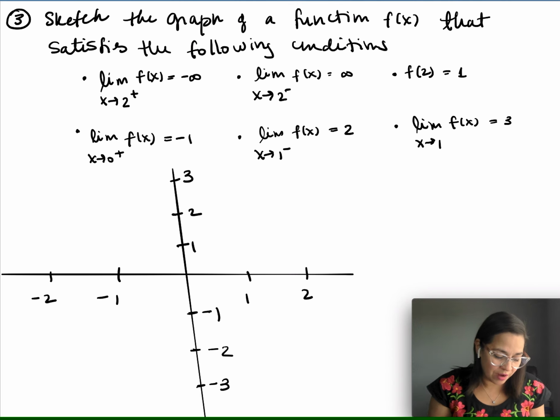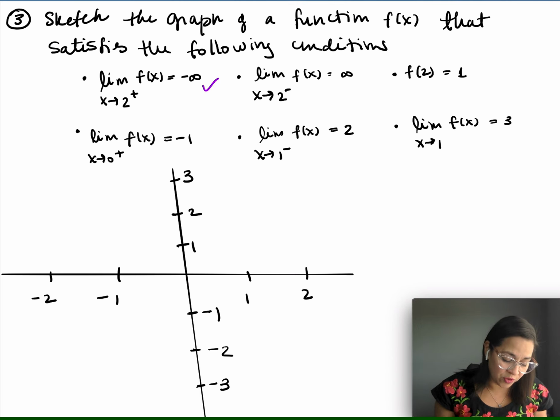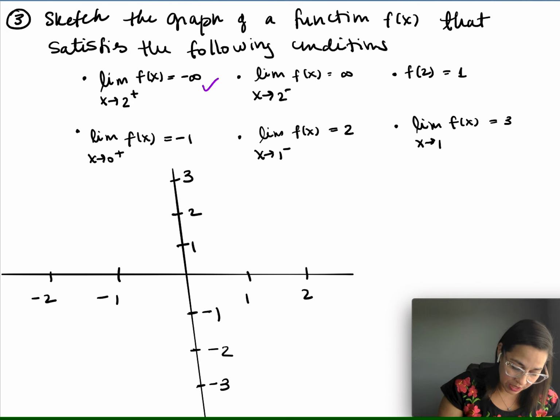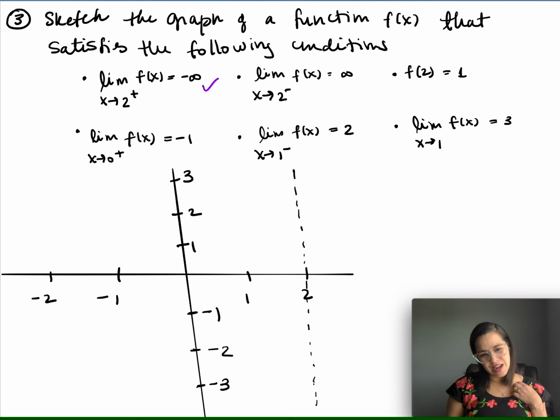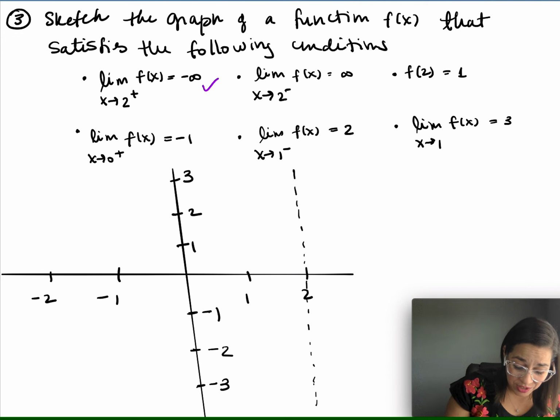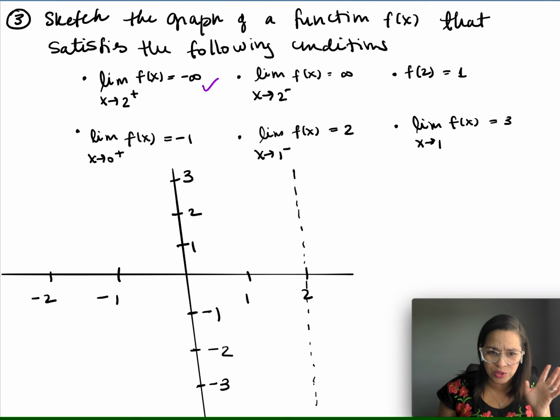So let's see. The first one we have, the limit as x goes to 2 from the right is equal to -infinity. Well, that tells me that here if I have 2, the fact that you get -infinity tells you that that is a vertical asymptote. You know this definition.